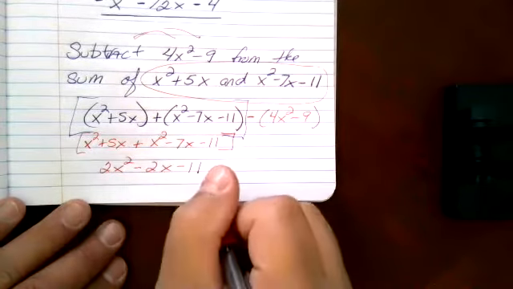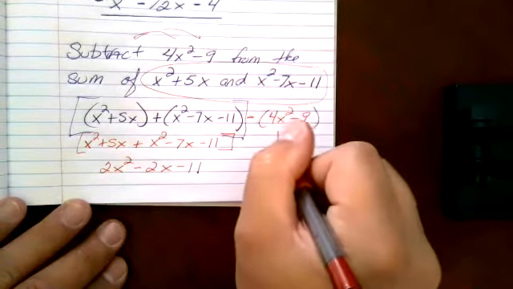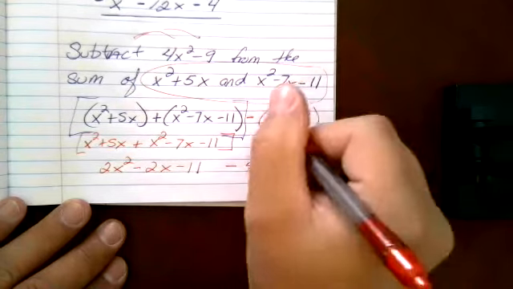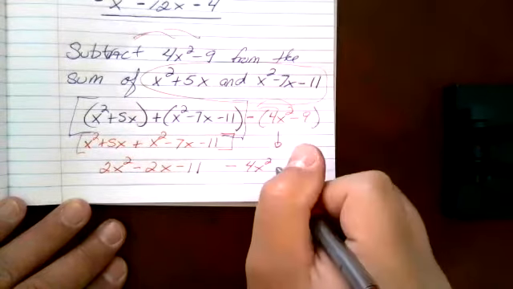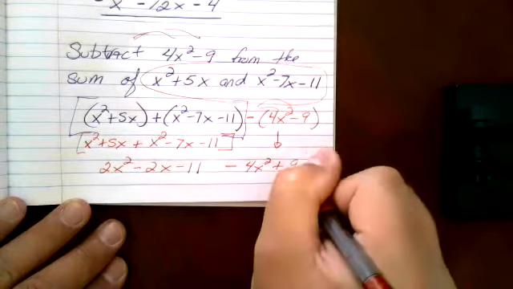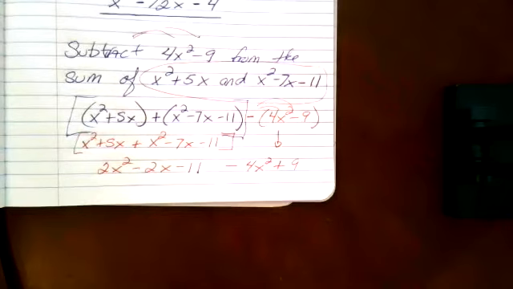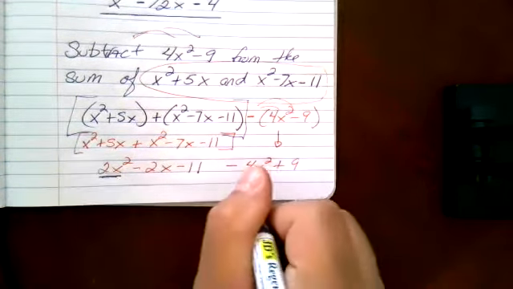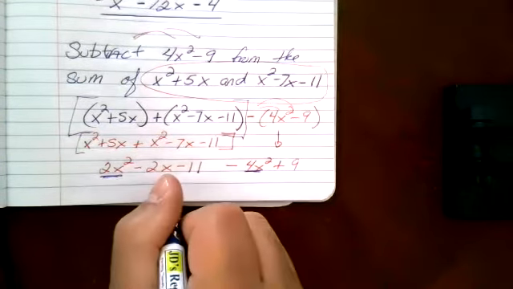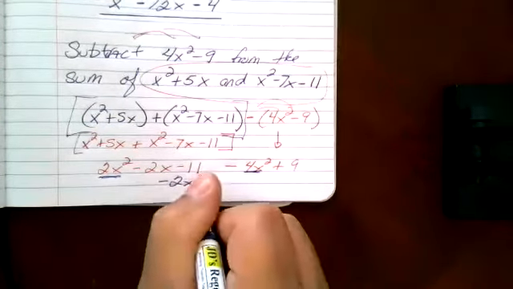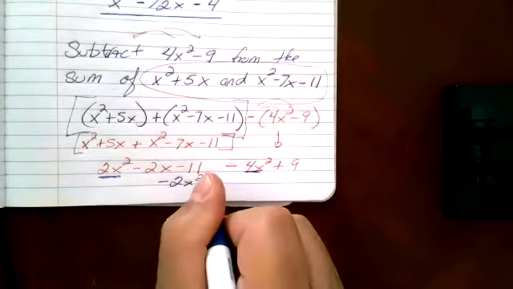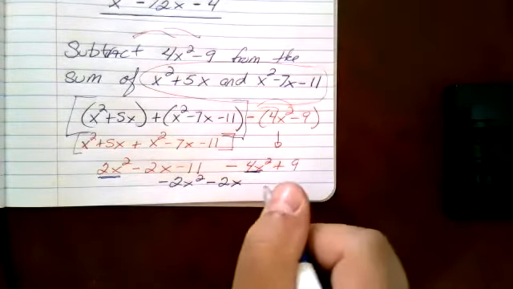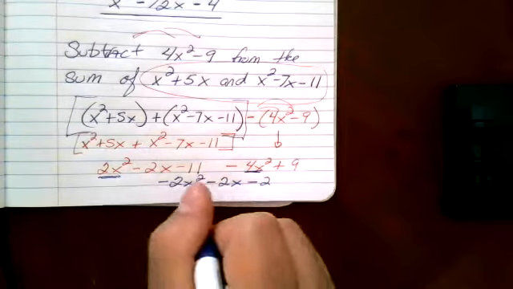That would be the sum of that. And then if I brought this down, I'm subtracting 4x squared, and I'm subtracting the negative 9. So it looks like my final answer, I combine my like terms, I'm going to have negative 2x squared minus 2x minus 2. That's peculiar.